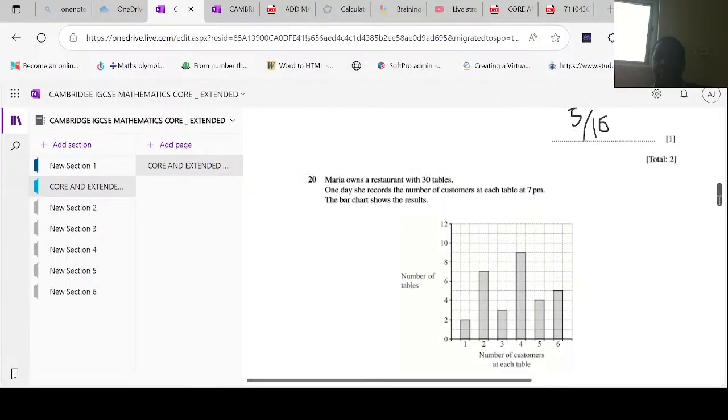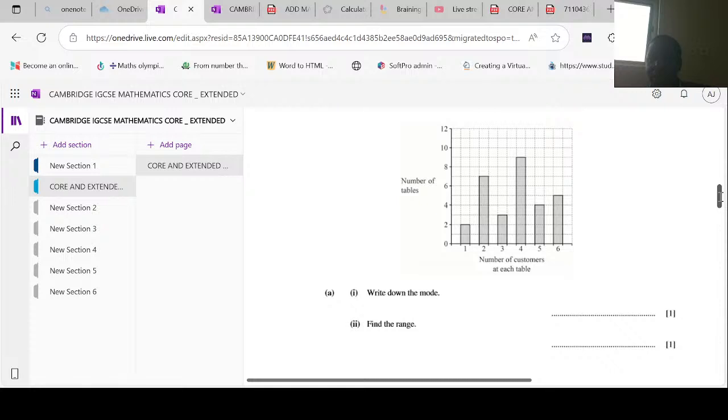So here we have a bar chart. Maria owns a restaurant with 30 tables. One day she records the number of customers at each table at 7 p.m. The bar chart shows the results. So that's the bar chart showing the number of tables against the number of customers at each table.